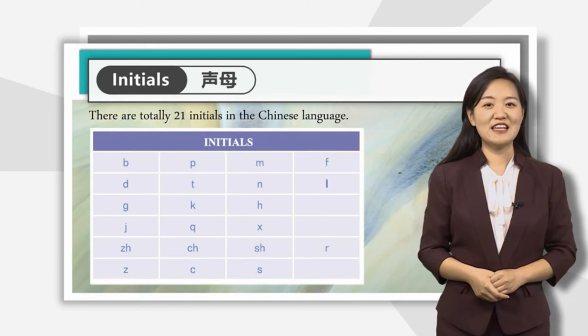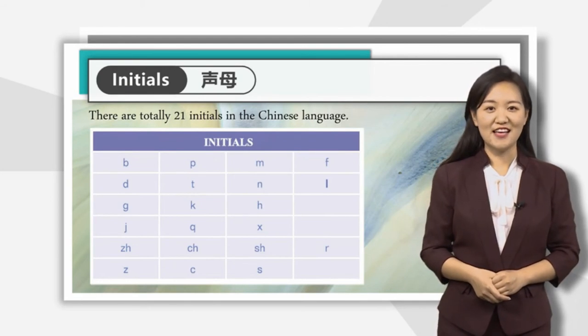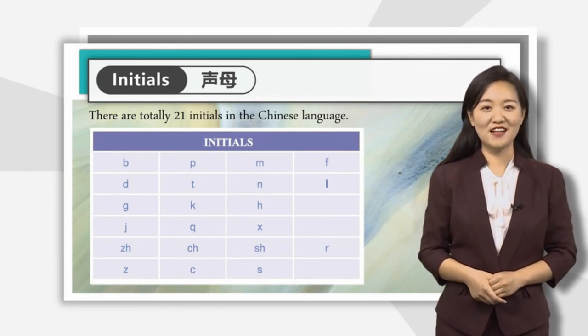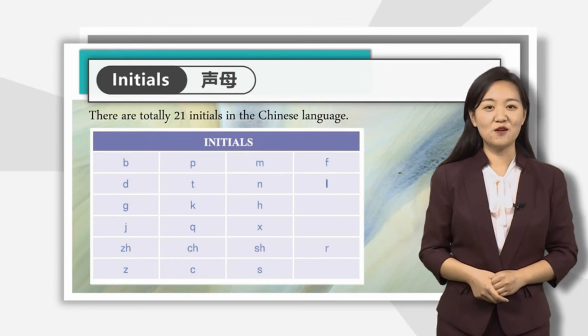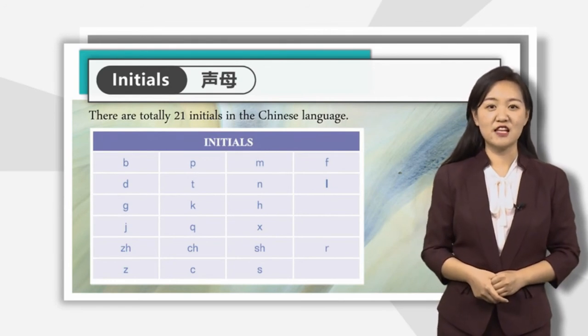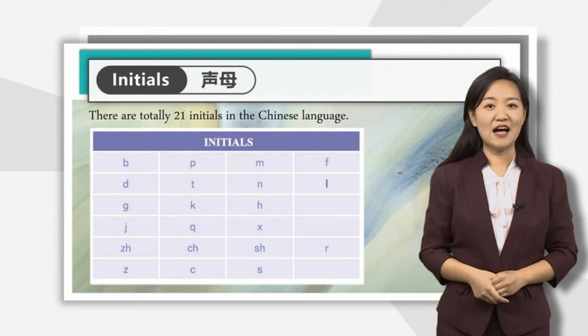There are 21 initials in total, and today we will learn 14 of them. In order to make the pronunciation more recognizable, I will add a vowel after each of them.